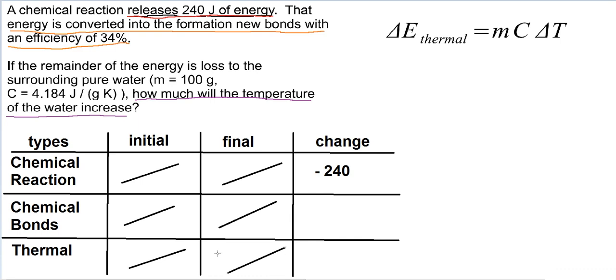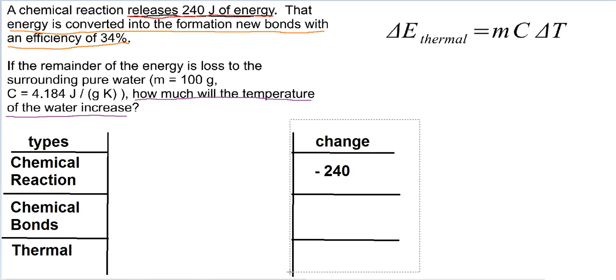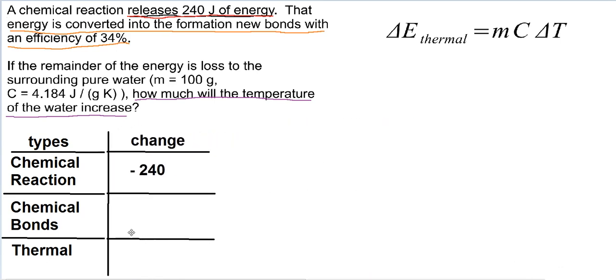So likewise, we don't have to worry about initial and final for that. So for this problem, in terms of dealing with energy, we're only going to be looking at the changes. So just for the sake of simplicity, since we do not need initial and final for this particular problem, because all we're dealing with is types of energy that are gaining or losing energy, we can just deal with the changes and make sure they add up to zero.